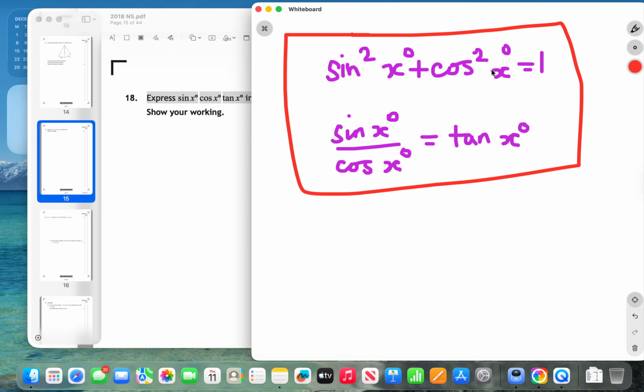So which one do you think it's going to be? Well, the first one has sine squared x and cos squared x. So there's no tan x in the first one, but the second one has sine x, cos x, and tan x. So it's likely going to be this one. So let's give it a go and see if this one is any use.